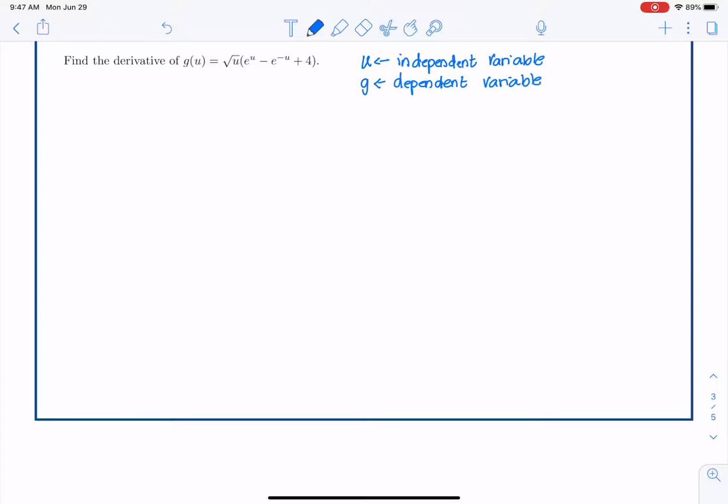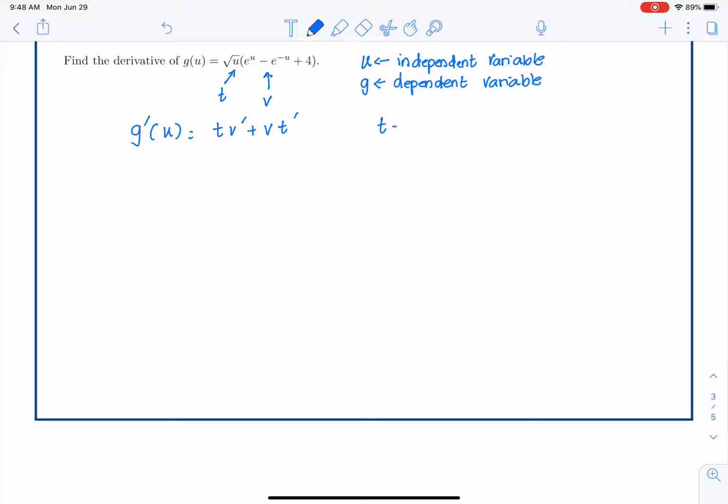So let's call that t and let's call that v. I'm trying to introduce variety so that you understand things better. So G prime of u was equal to t v prime plus v t prime.